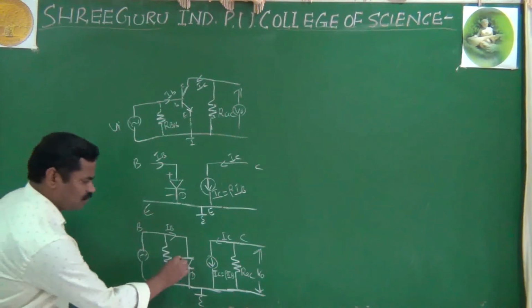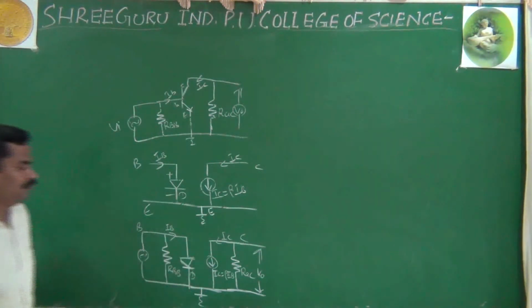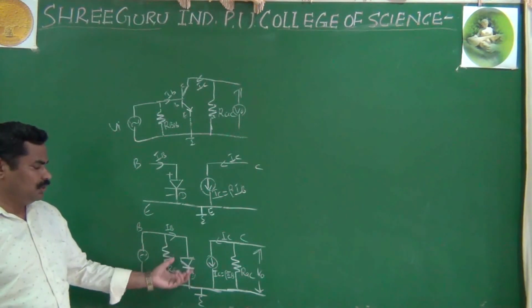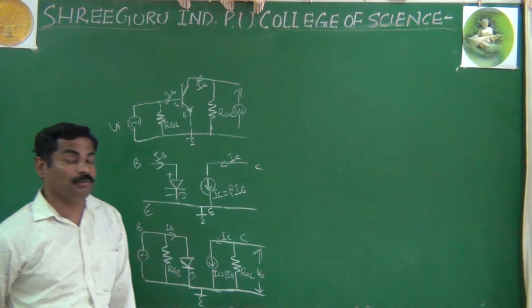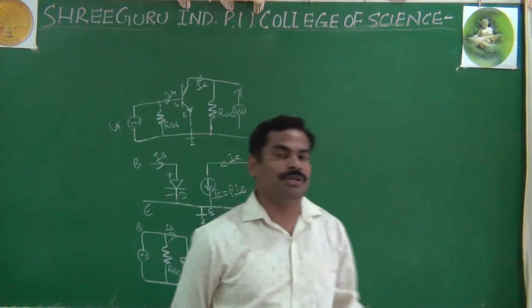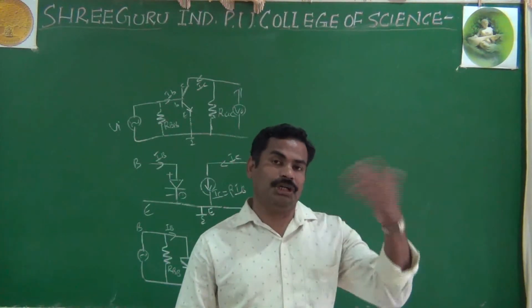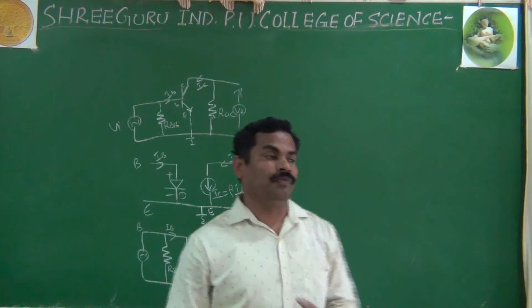This can be further simplified. How is it possible? Here I am using the diode, and for a diode, if you apply a very small AC input signal, the diode does not act as a rectifier, but it acts as a resistance. Keep it in mind.